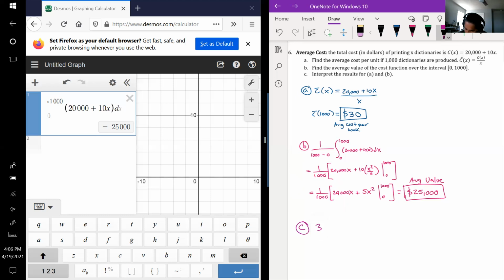So for C, we know it's $30 per dictionary, or like I said, I'll just say book. And then it's 25,000 for producing 1,000 dictionaries. And that's it. That's average value.